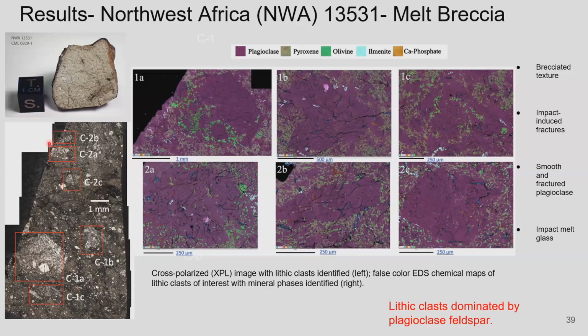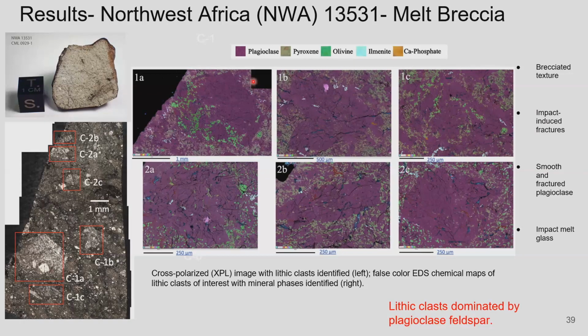And what we've done here is identify 6 lithic clasts of interest. We've labeled them. What you're seeing on these images right here are false colored EDS chemical maps of each of those lithic clasts. Like I said earlier, every color is mapped to a certain element, and when you combine the colors, you get a certain color pattern for a specific mineral.